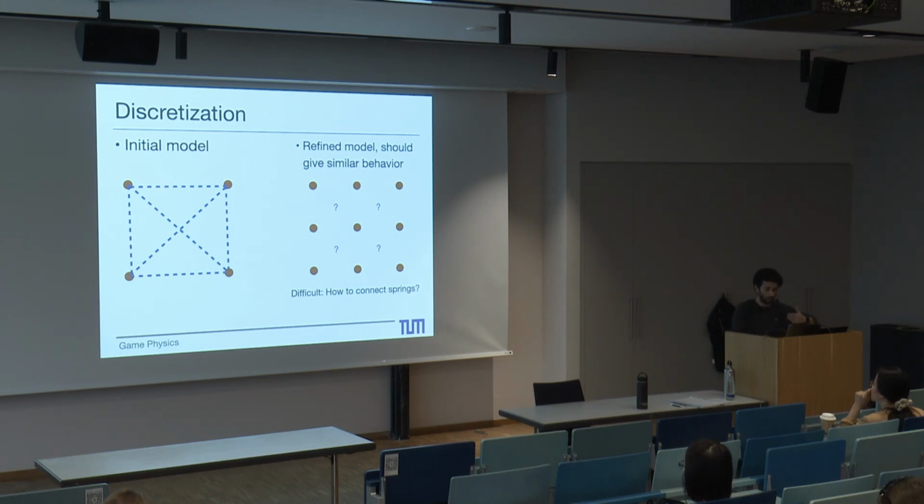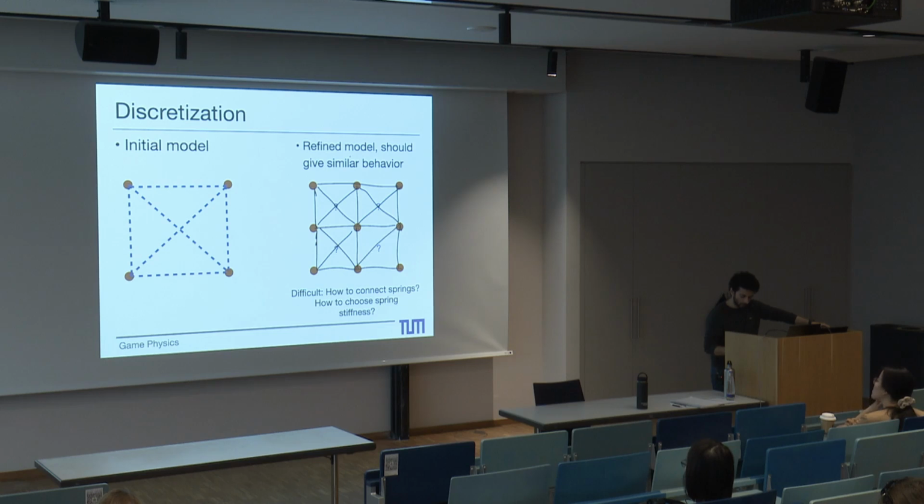So, and not only that, but also how, assuming that we know how to connect the springs, how do we choose their stiffness? Let me make an example. If I am using the same approach that we have been using before, you can see here that there are many more springs, and there are springs that were not there previously.